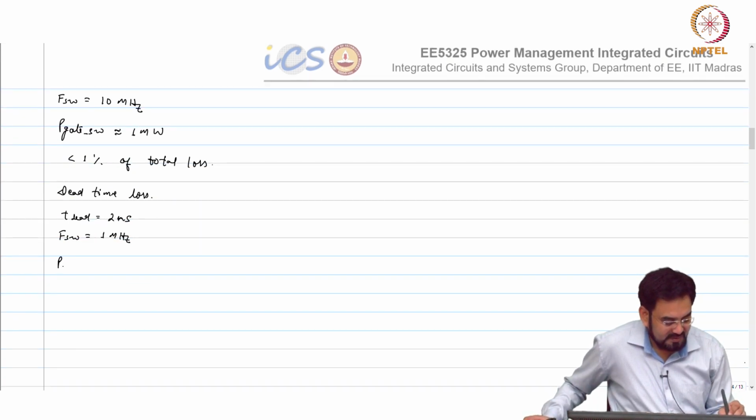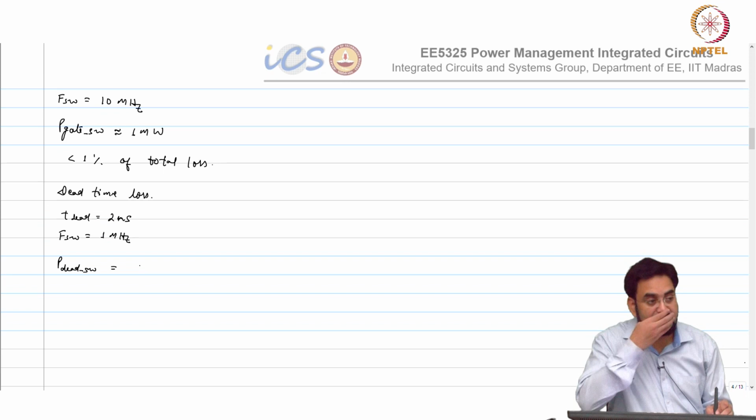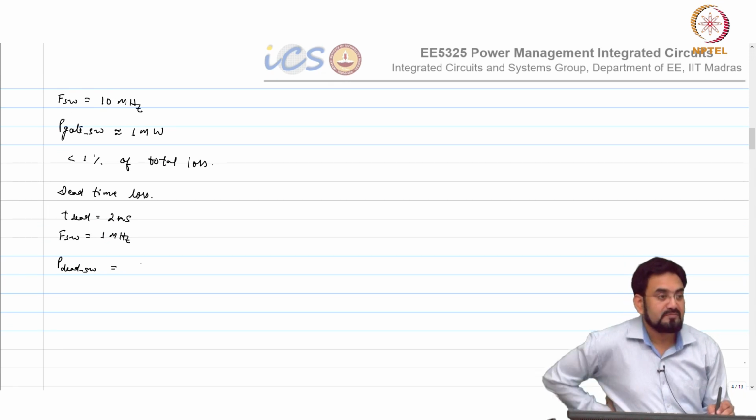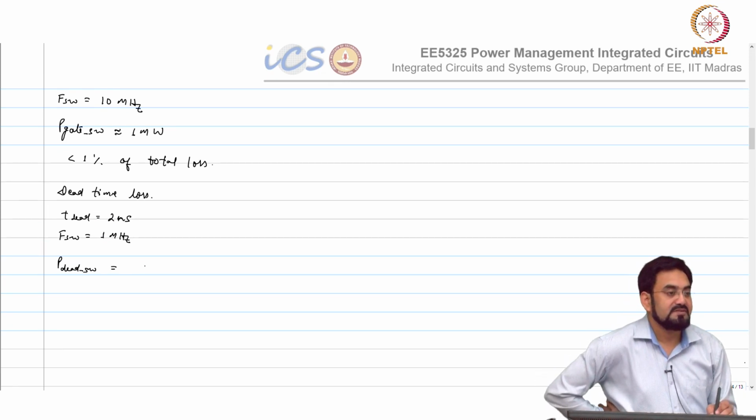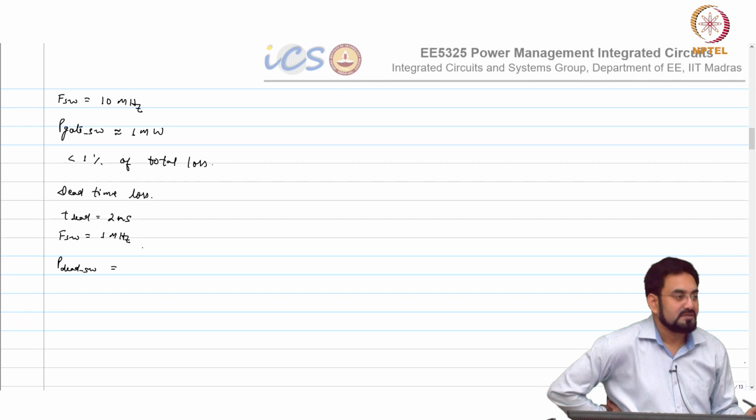So, your P dead SW, how much was that? Anybody remember? What was the formula? 2 T dead by TSW. Okay.